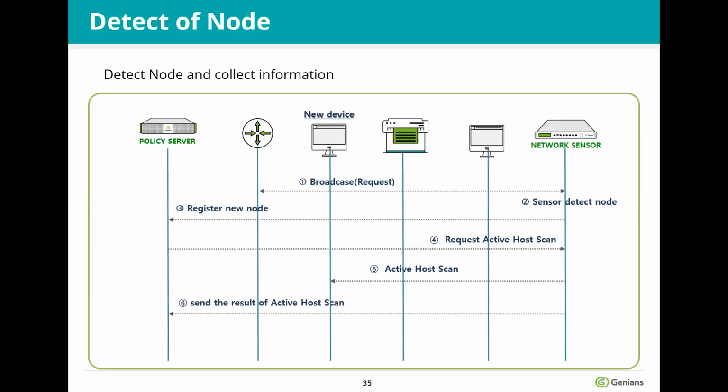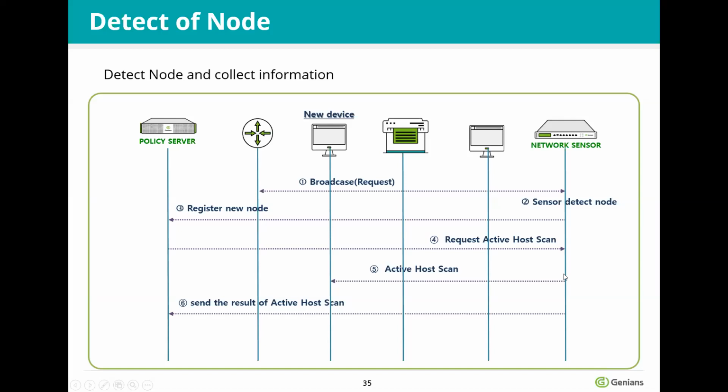And how do we register a new node in our network sensor? First, a new device is plugged in and broadcasts a request. The sensor detects the packet and requests the policy server to register the new node. The policy server commands an active host scan.